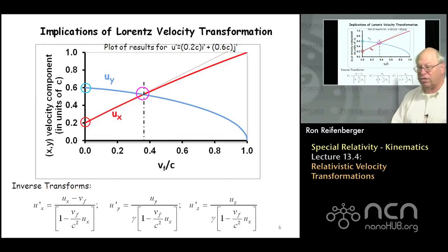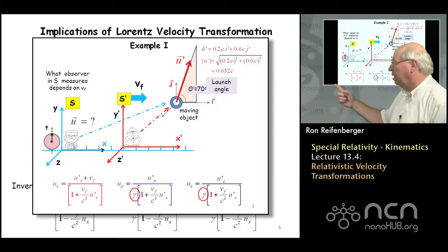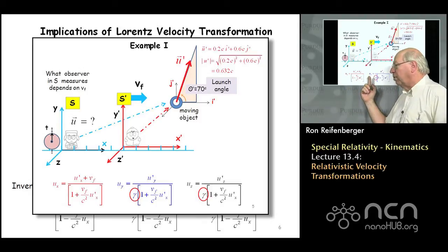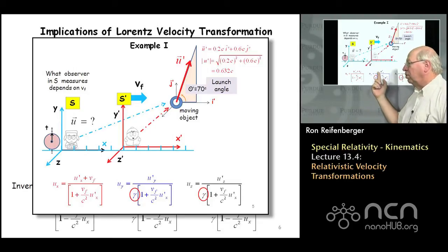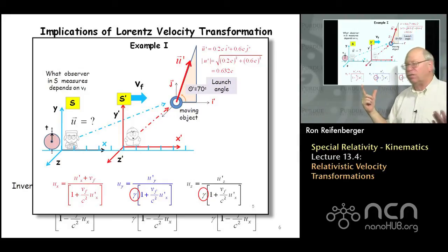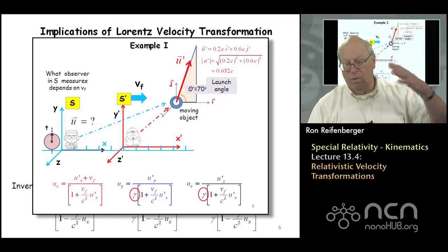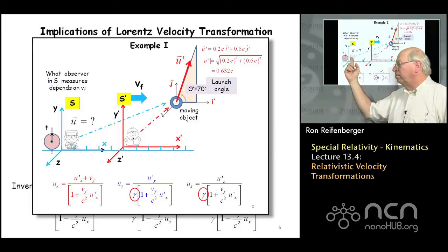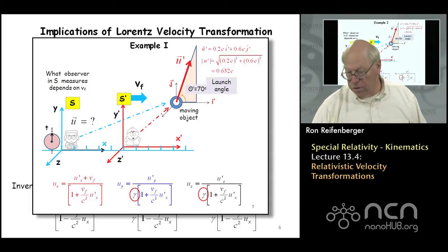So I've taken the equations at the bottom of the previous slide, the equation for u sub x and the equation for u sub y, and evaluated these expressions using u x prime and u y prime as given up here, 0.2 c and 0.6 c, and then considered different values for v sub f over c. I've done the calculation for many values of v sub f over c, so you can see what this observer is going to measure as v sub f increases and approaches the speed of light.